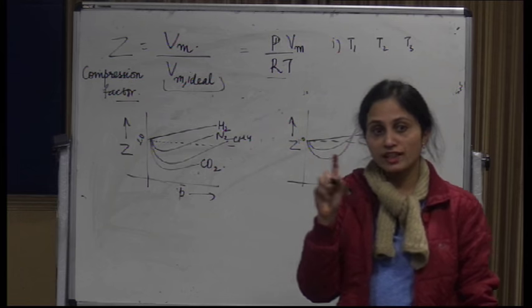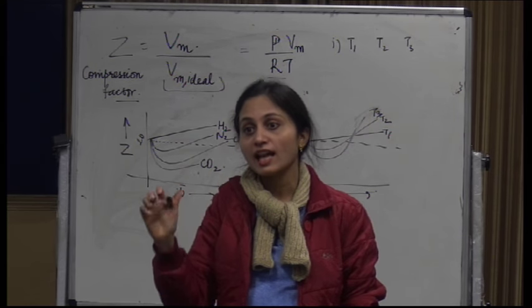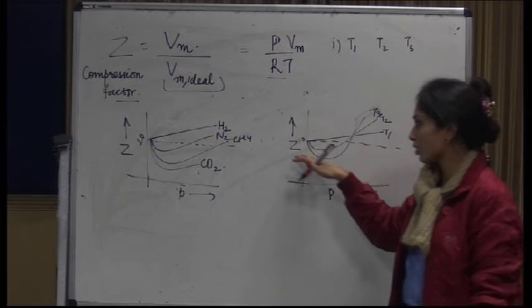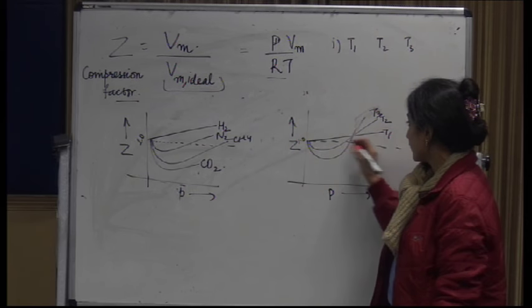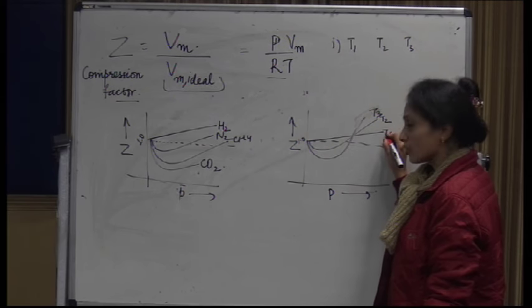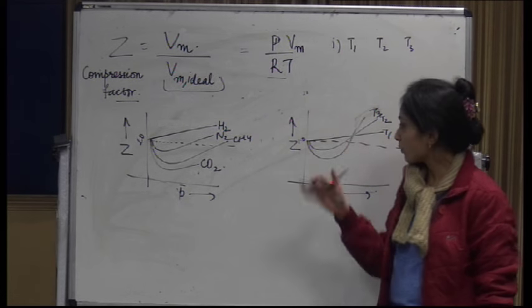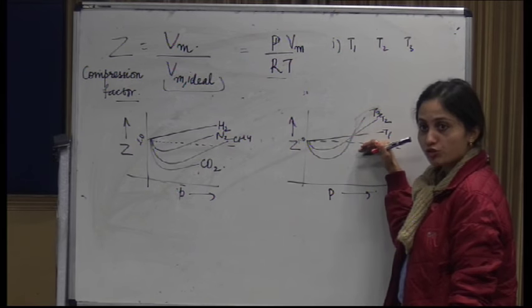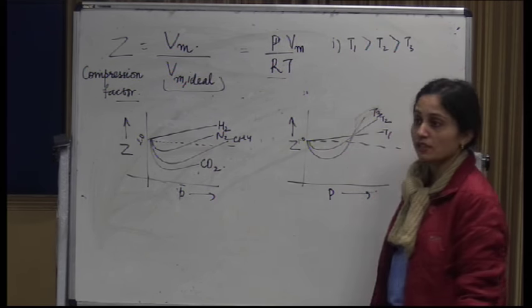You already know that your real gases will behave ideally at high temperatures and low pressures. Pressure we've already taken care of in this PVm by RT factor. So whichever temperature is closer to your line, close to the ideal behavior, will be the highest. So in this case your T1 will be greater than T2, which will be greater than T3.